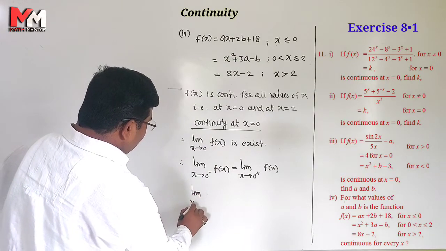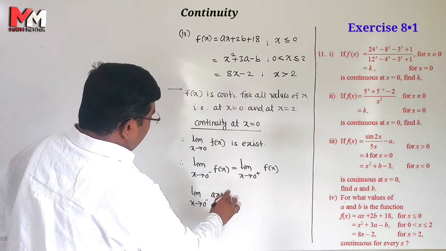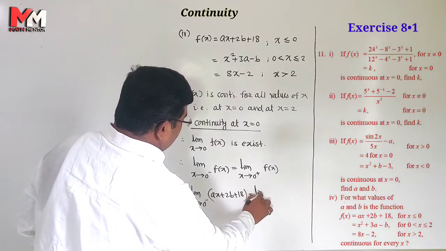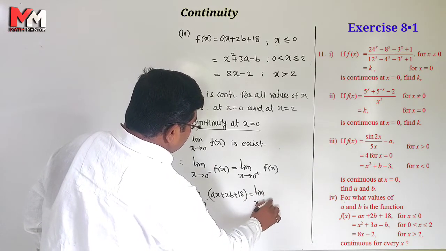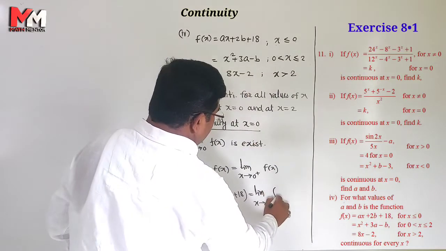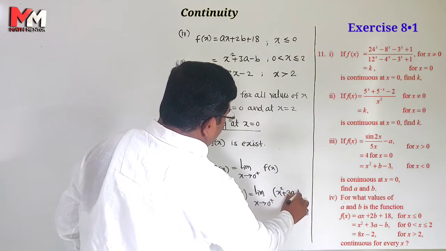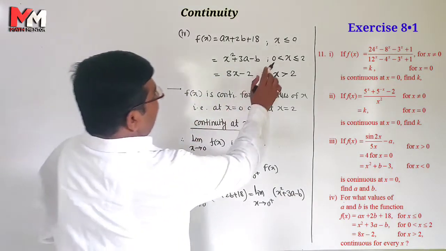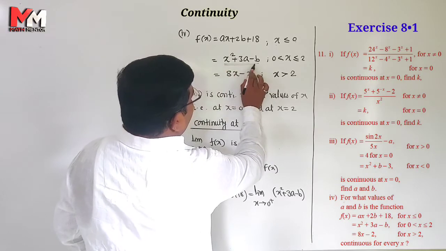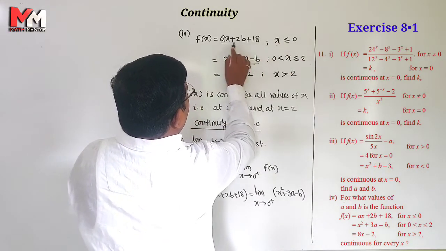So therefore limit x tends to 0 minus ax plus 2b plus 18 is equal to limit x tends to 0 plus, right hand limit, x is greater than 0, this function x square plus 3a minus b. So यहाँ पर x is greater than 0 है, so this is the function for right hand limit. x is less than 0 है, so this is the function for left hand limit.